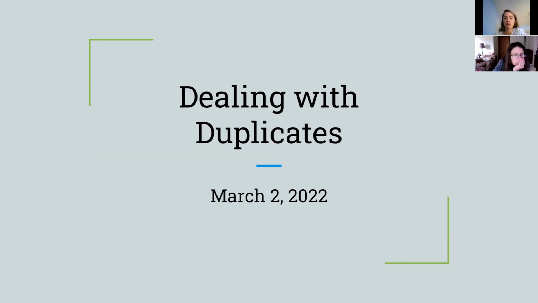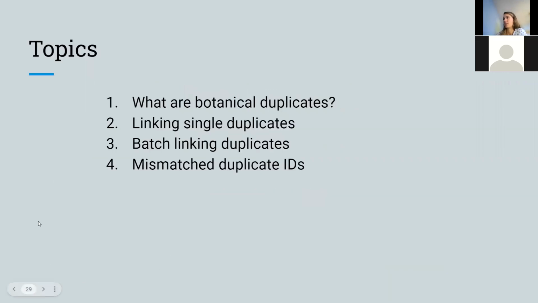Today, we're going to be talking about dealing with duplicates in CCH2. And by dealing with, I mean the tools that are available in CCH2 to help you manage duplicates and the data that comes with duplicates. So I'm briefly going to define botanical duplicates, because this is, as I have learned, a botanical thing, and it actually isn't shared in all collections.